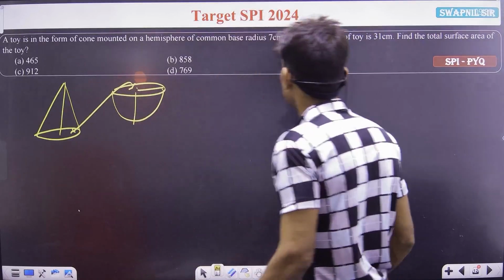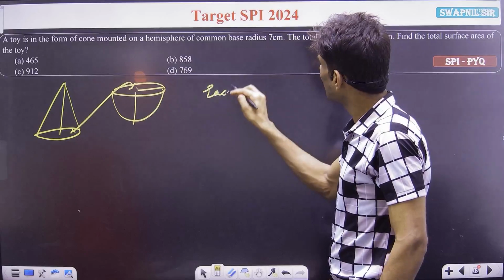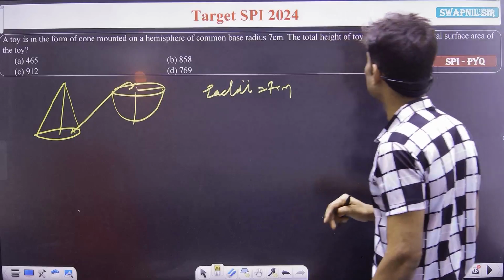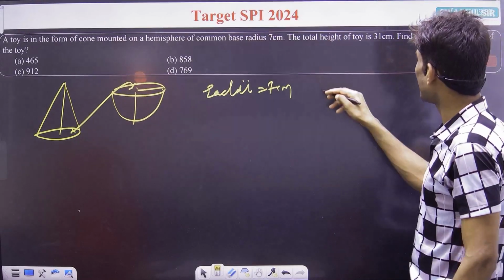With the radius of 7 centimeter, we have radius 7 centimeter, and the height of the toy is 31 centimeter.